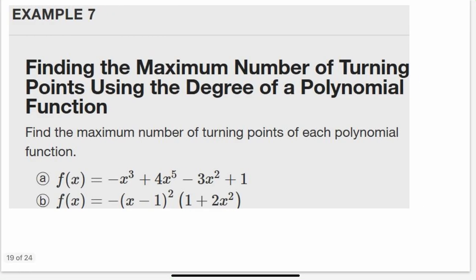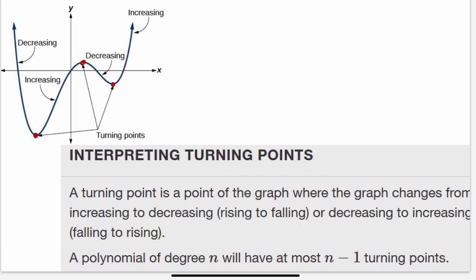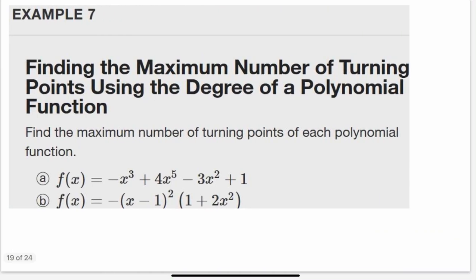It turns out that in general, a polynomial of nth degree will have at most n minus 1 turning points. So since this degree is cubic, the maximum number of turning points, n minus 1, is going to be 3 minus 1, or 2 max turning points.